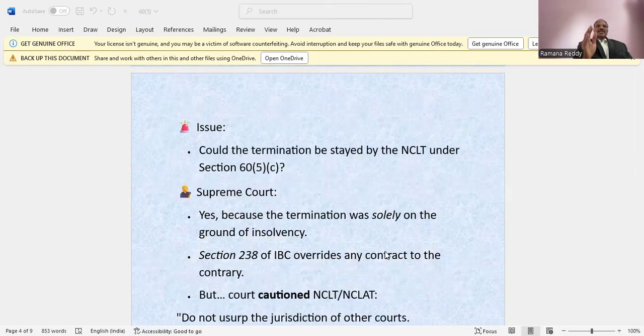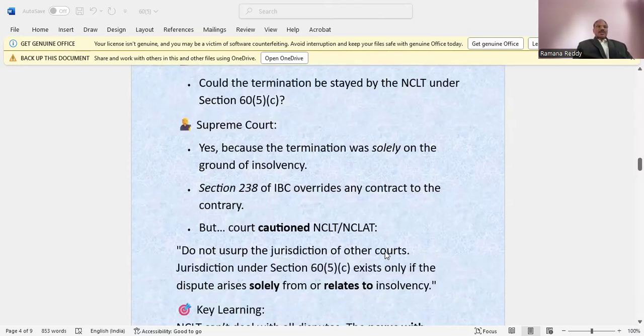because the termination was solely on the ground of insolvency, and Section 238 of IBC overrides any contract to the contrary. But the court cautioned NCLT and NCLAT, do not usurp the jurisdiction of other courts.